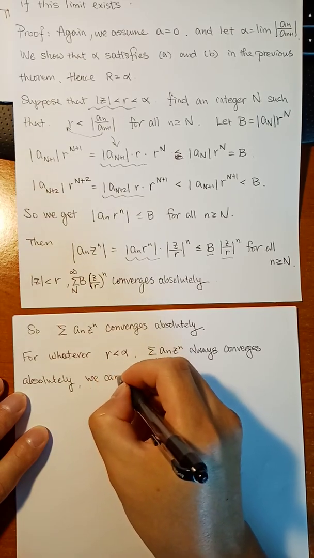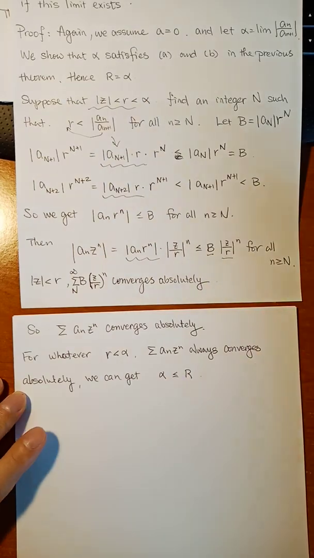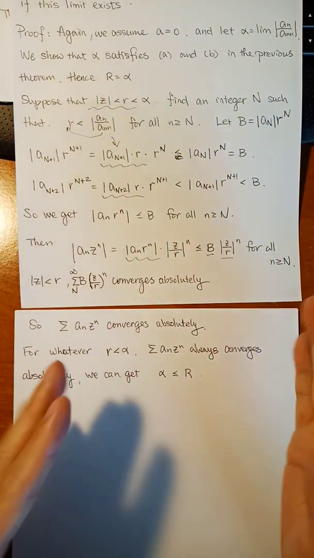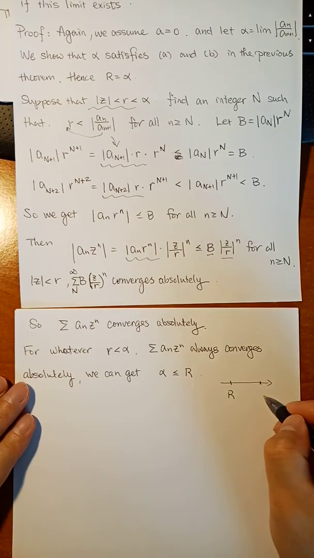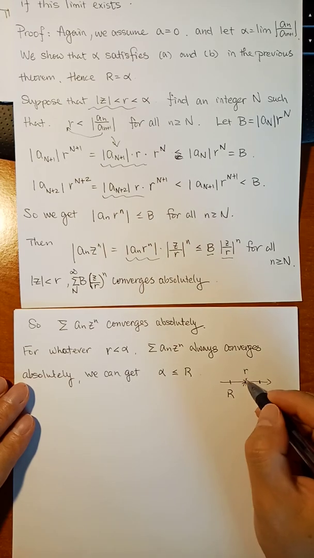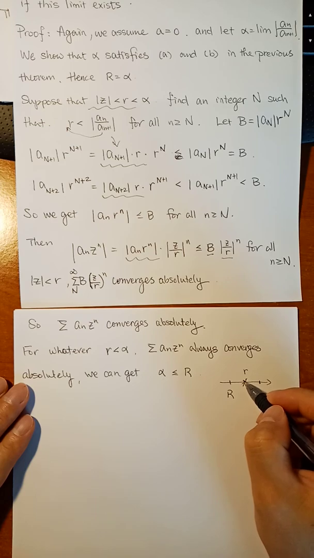So we can get alpha should be less than or equal to capital R. If alpha is greater than capital R, there's some point little r here, then you will get at least absolute convergence for this r.